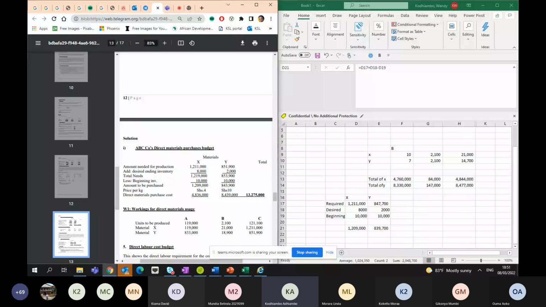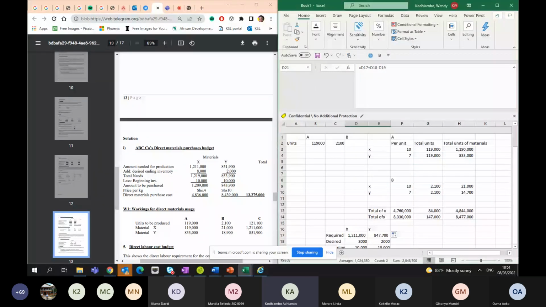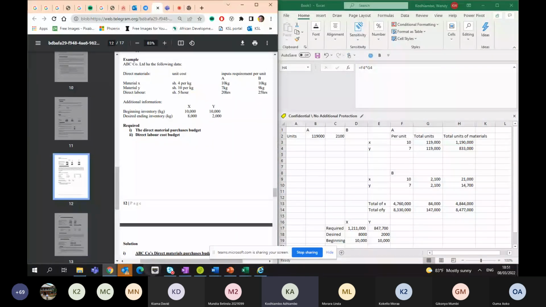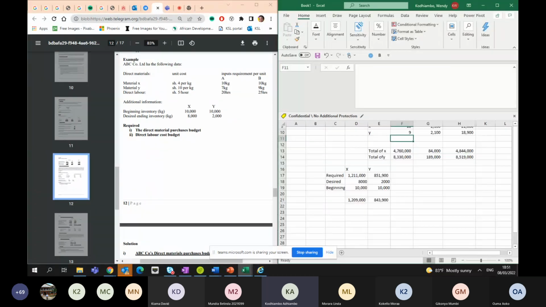The number is wrong under Y. Why do we have this? 721, I don't know why. Let me see where I could have gone wrong. Oh, I see. For product B, we need 10 kg and 9 kg. There you go. So now it is correct.